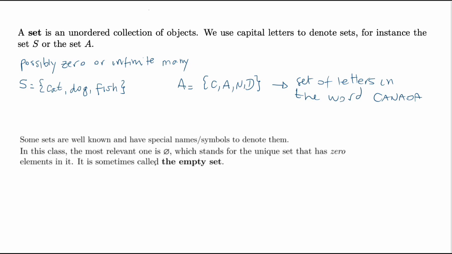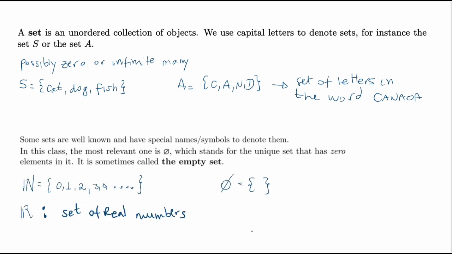This stands for the unique set that has 0 elements in it. So this is what we call the empty set. When you describe the set, you open the curly braces and there's nothing there.